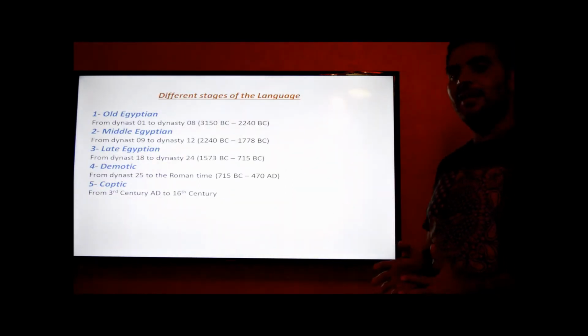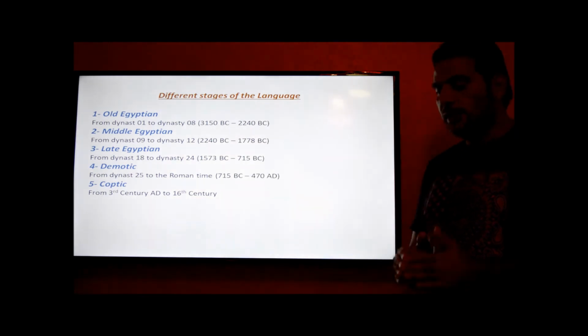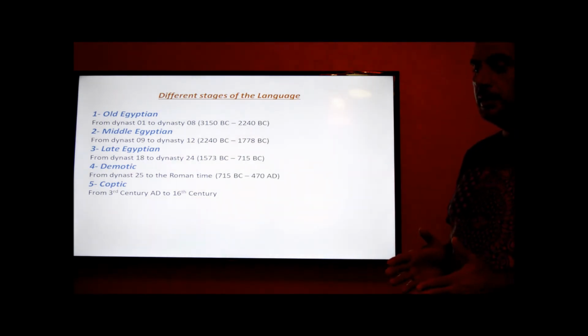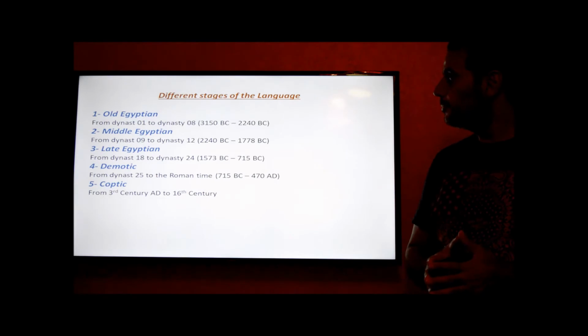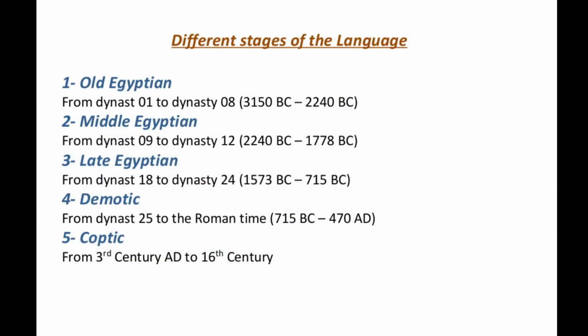Also, like any language, the ancient Egyptian language had several stages, and there are 5 main stages. The main one is Old Egyptian, and this is from the early beginning of the ancient Egyptians. And we said it starts from Dynasty 1, it could be much earlier.